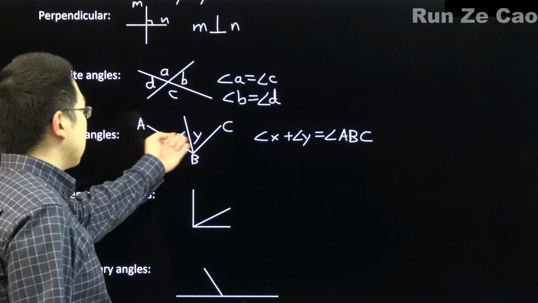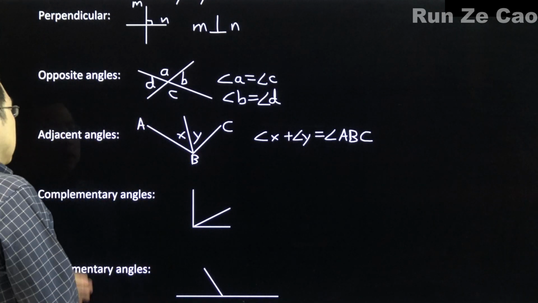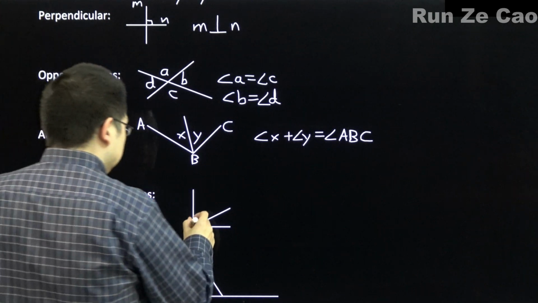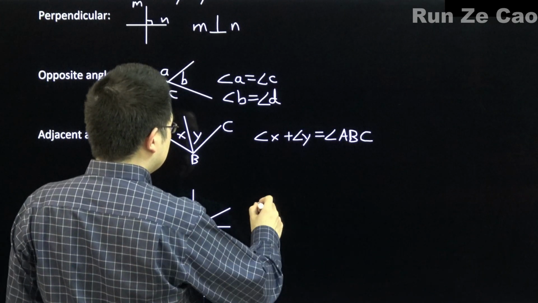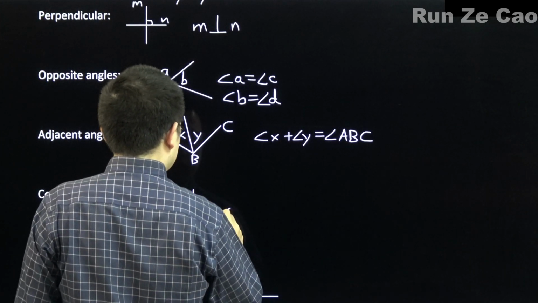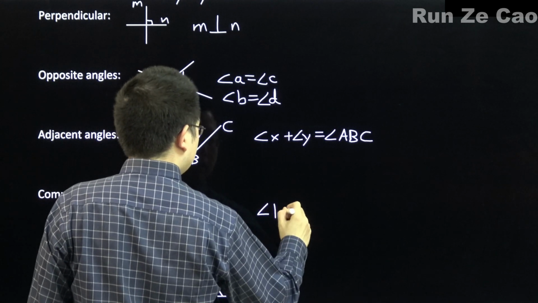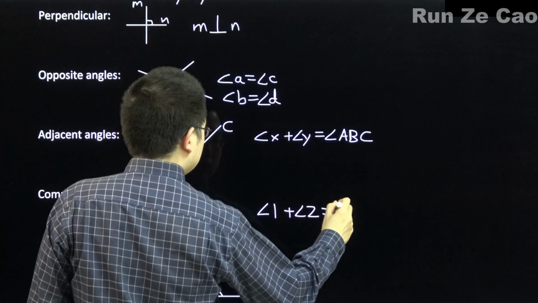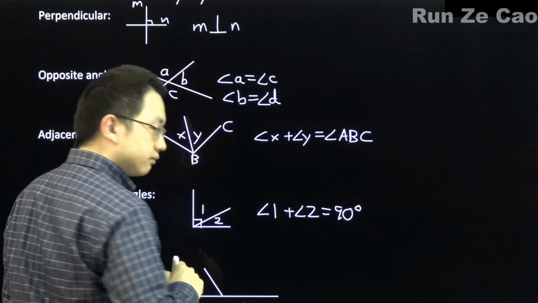And these two would be adjacent angles. Complementary angles add up to 90 degrees, so you would have angle 1 and 2. Angle 1 plus angle 2 equals 90 degrees.